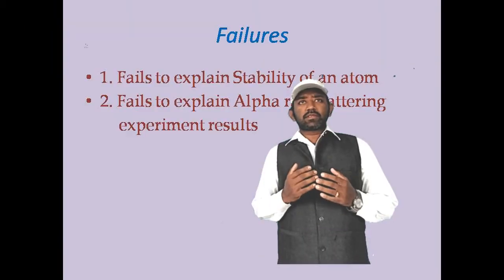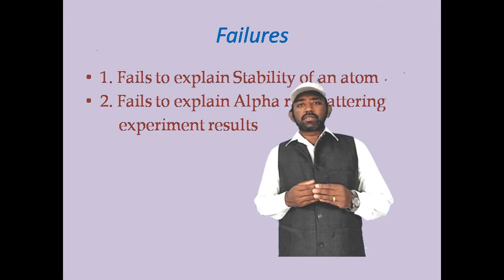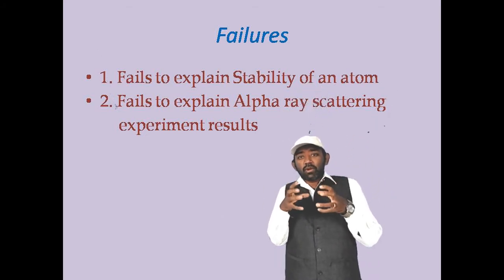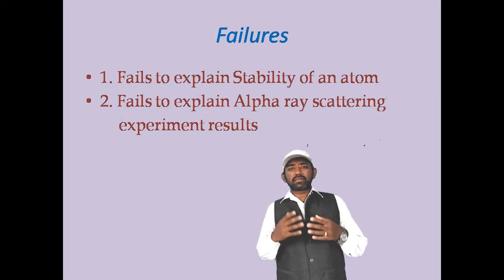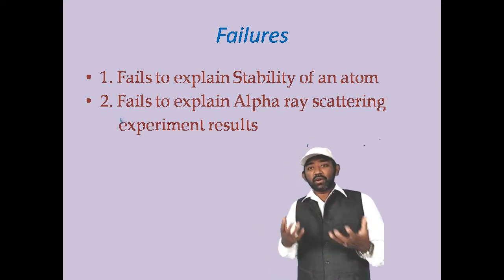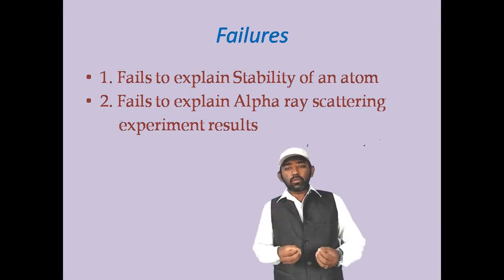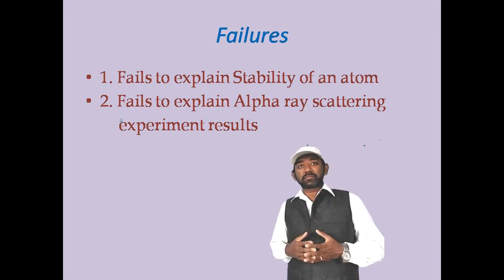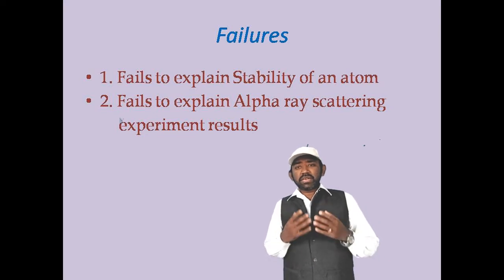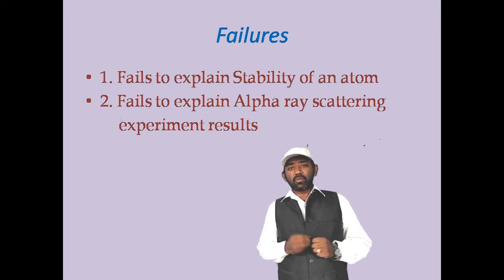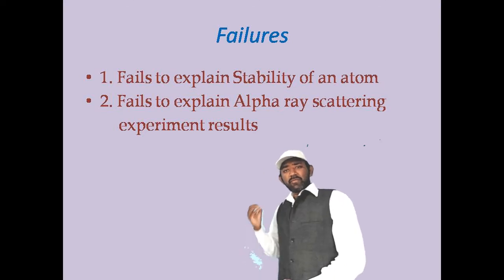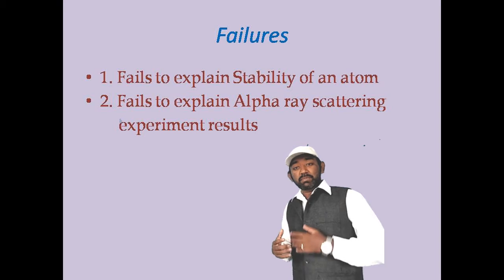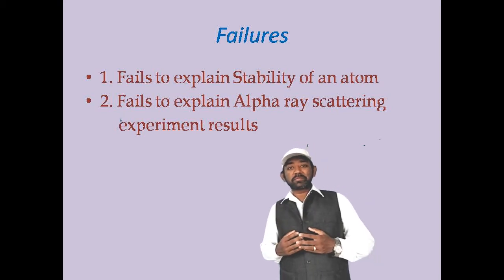By using this Thomson atomic model, we can explain only the structure of the atom. But it failed to explain the stability of the atom, that is, how the positive charges hold the electrons in an atom. The major drawback of the Thomson atomic model was that it failed to explain the alpha ray scattering experiment performed by Rutherford.